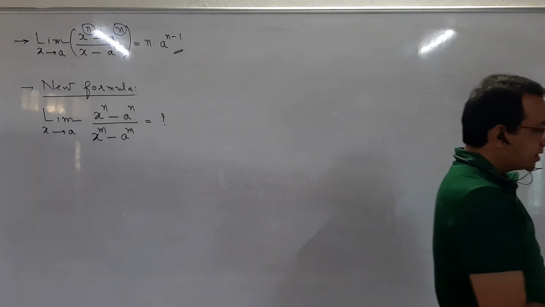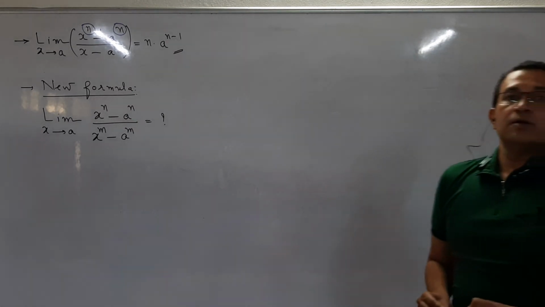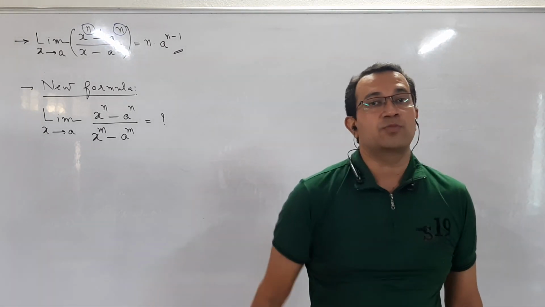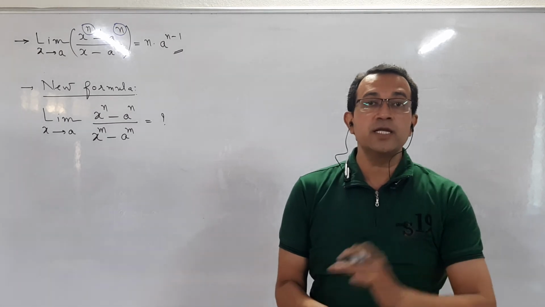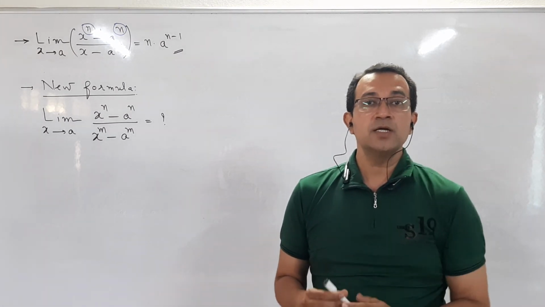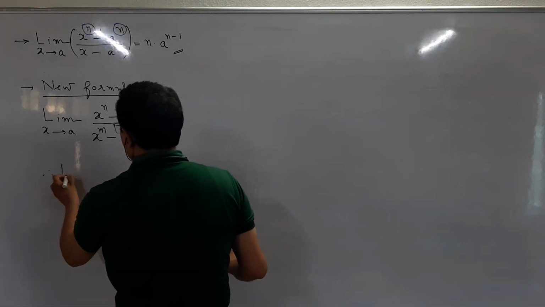Students, if you don't understand the derivation, it is absolutely fine. You have to only remember and memorize the formula. Derivation is not there in your syllabus. You have to only memorize the formula. Say the derivation goes like this.